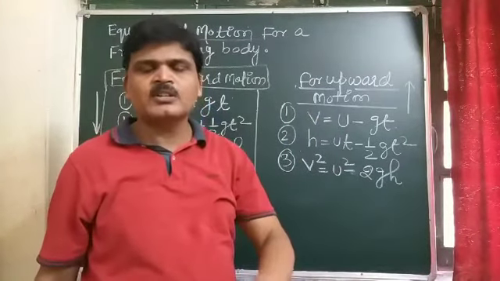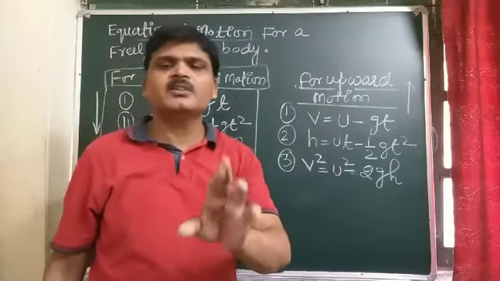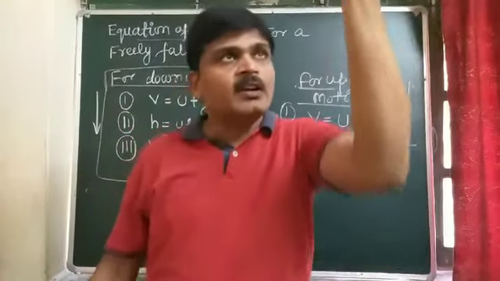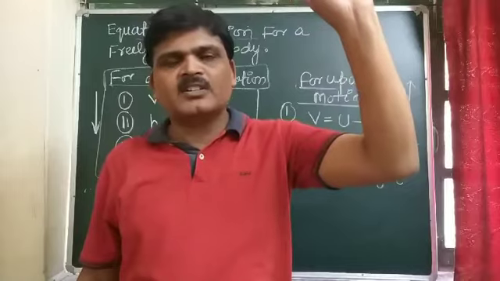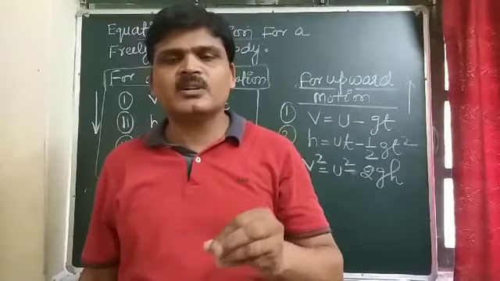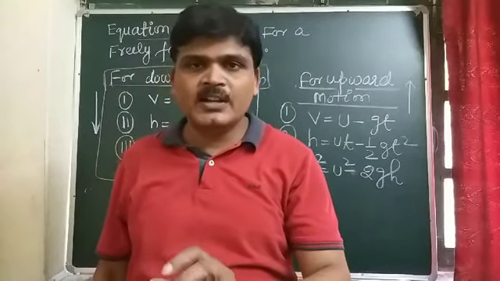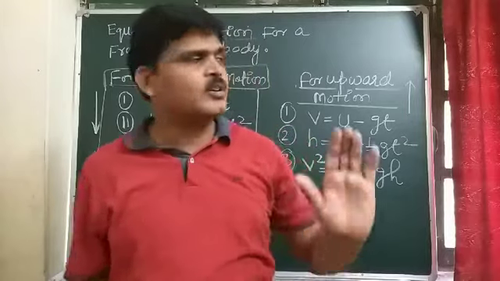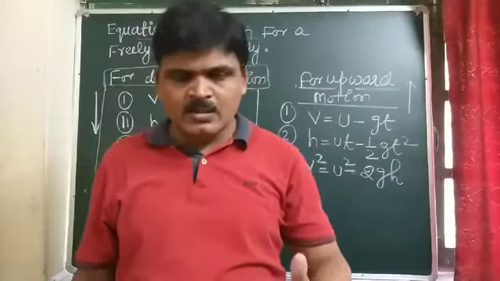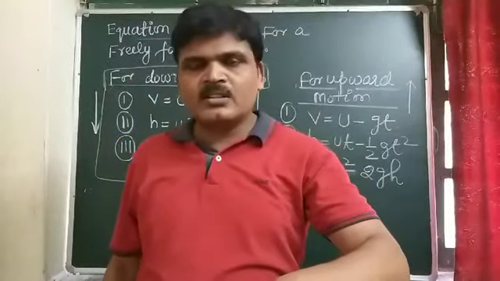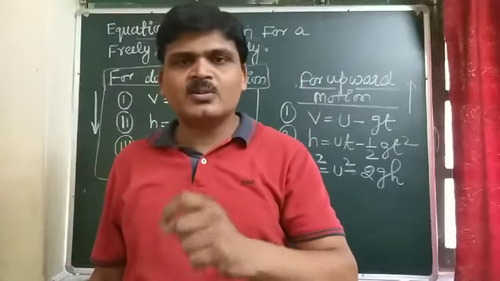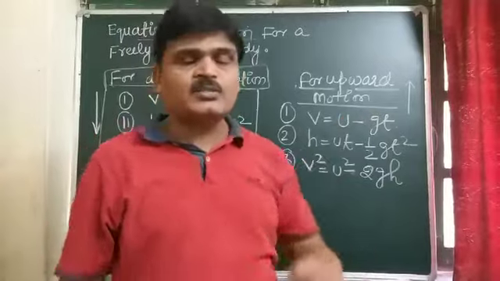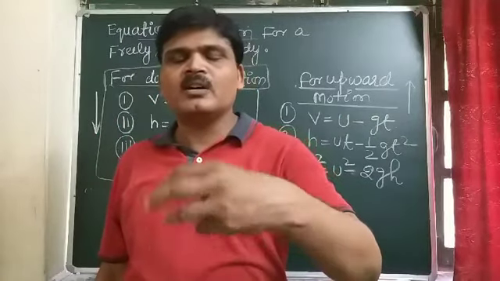For downward motion, acceleration due to gravity is taken to be positive. If an object is thrown vertically upward, velocity decreases, so acceleration due to gravity is taken to be negative. So when you solve a numerical problem, either downward or upward motion, you must note down whether g is positive or negative.